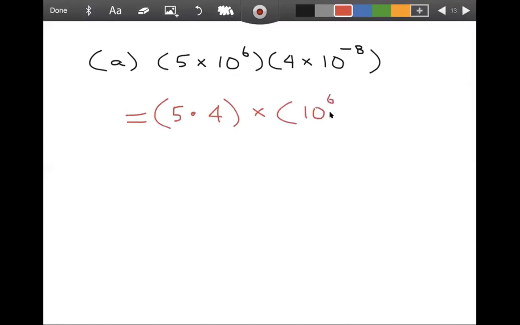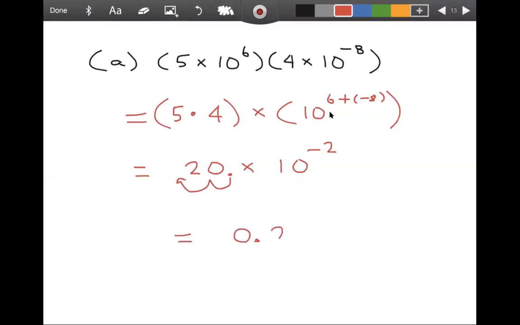You would add the exponents, 6 plus negative 8. 5 times 4 is 20. 6 plus negative 8 is negative 2. Now, this is not correct scientific notation because 20 is not between 1 and 10. But the good news is that they asked for it to be written using standard notation. So we can just take the decimal point, which is here, and move it 2 places to the left. So the answer written in standard form is just 0.2 or 2/10.